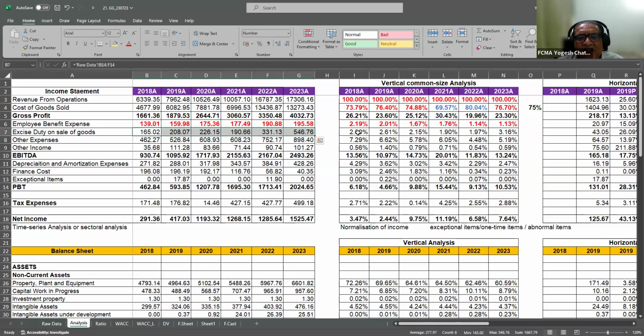But here, as you can see in percentage terms, it is fluctuating. It is 2.60, 1.90 percent, 1.97 percent.